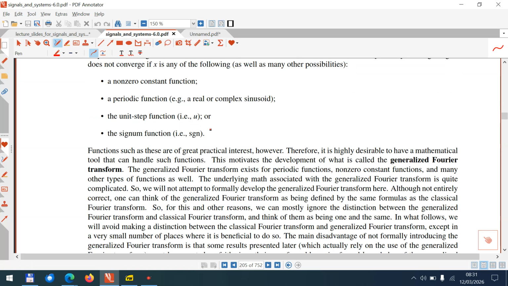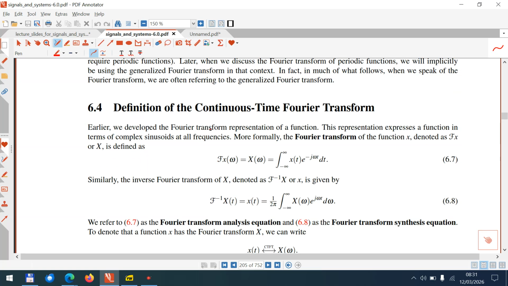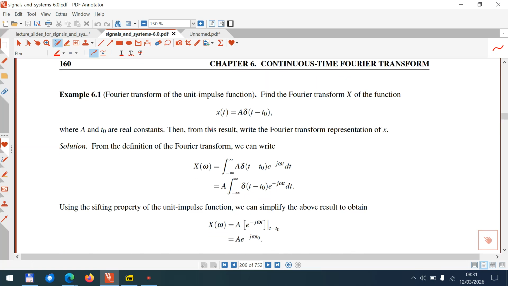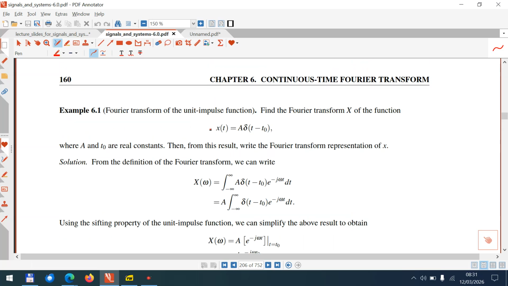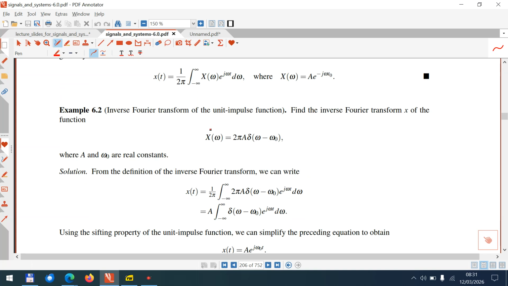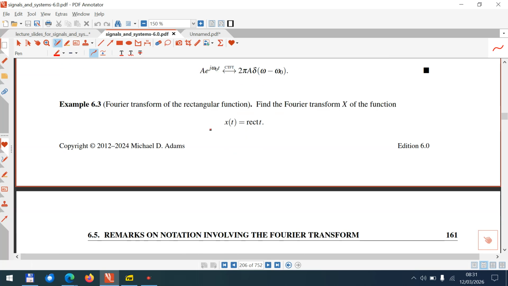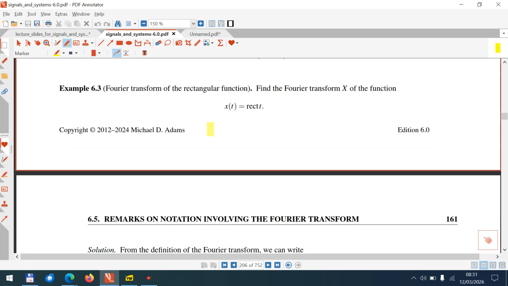I'm skipping all these pages because this is related to the proof, which we already did. I'll get to this later because this is related to the generalized. Okay, so this is the thing which you can now understand easily. This is the Fourier transform of the rectangular function. And here you don't need generalized. You can just go with traditional Fourier transform.